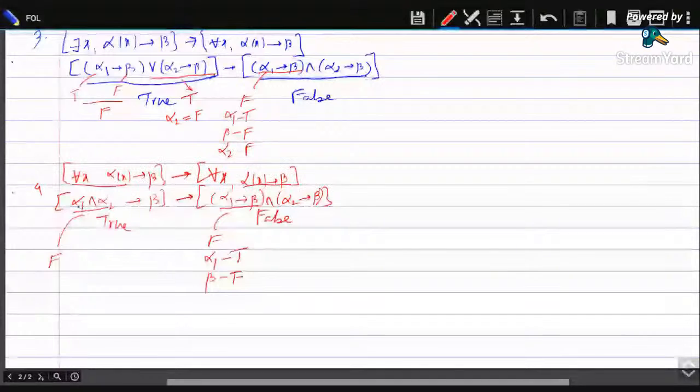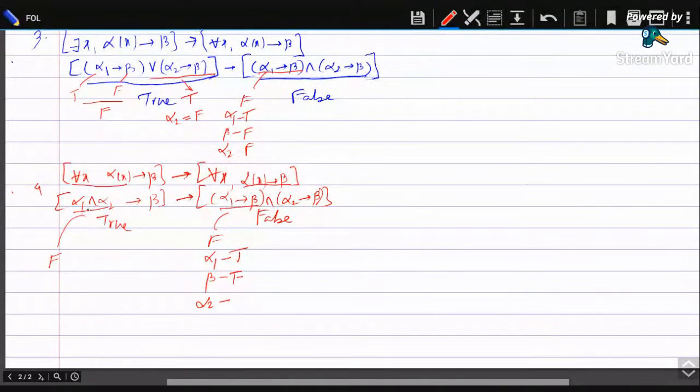So to make sure that this whole thing is false, alpha 1 is already taken to be true, so alpha 1 cannot be false. But you want to make sure that this is false. So to make this false, alpha 2 can be anything.